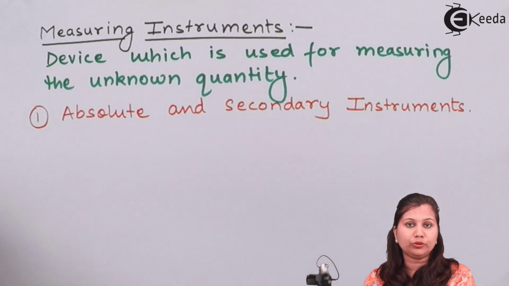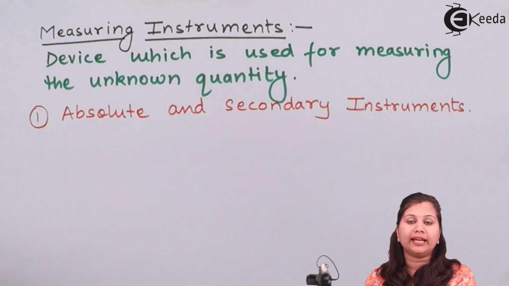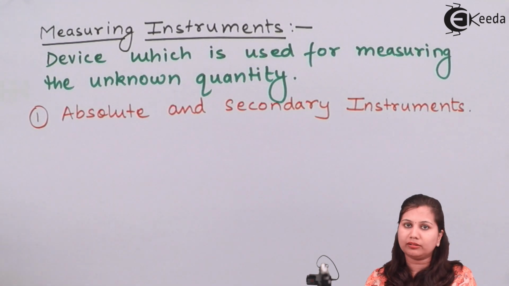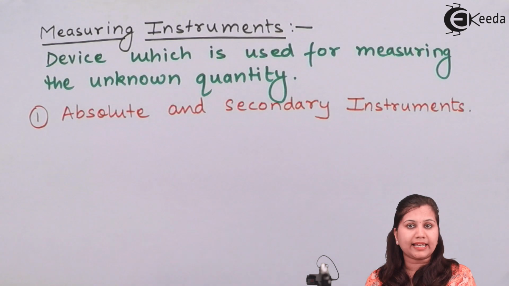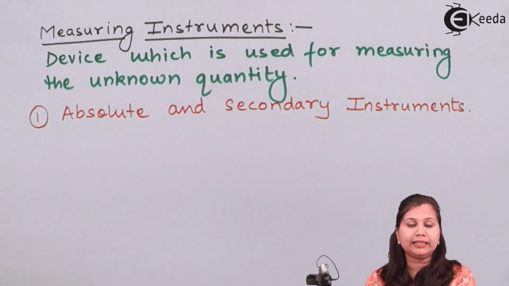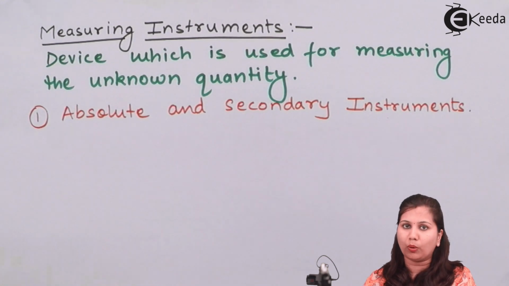In an absolute instrument, the result of the measurement of the unknown quantity is measured in terms of the constants of the instrument. We are not directly reading the value of the unknown quantity. Whereas in a secondary instrument, we directly measure the value of the unknown quantity.